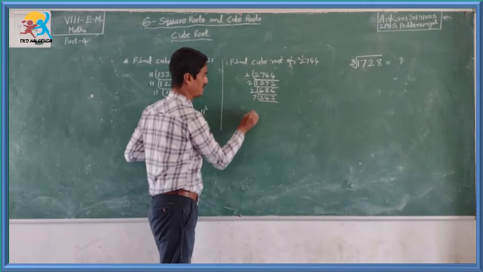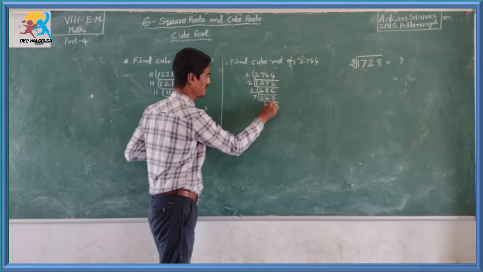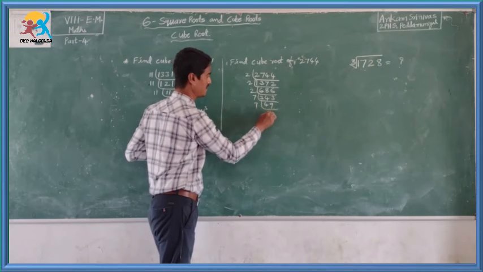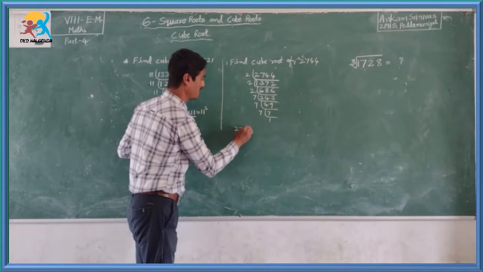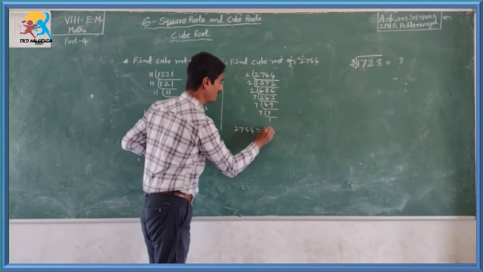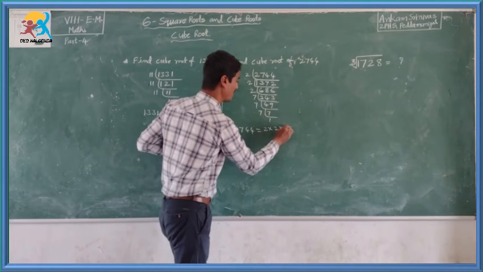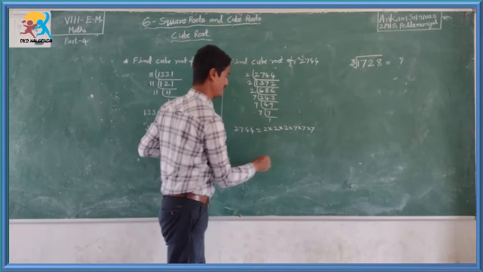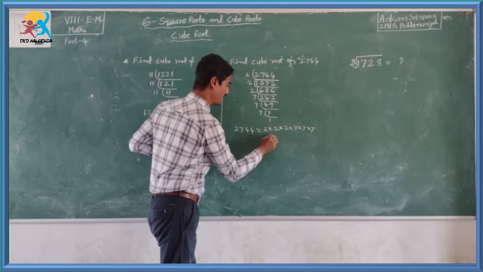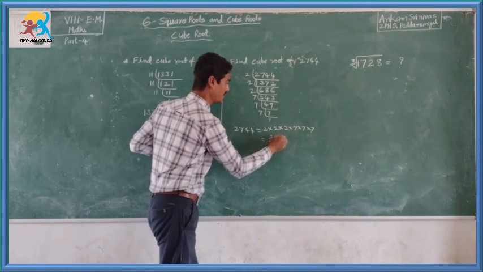So divide by 7, 7 table, 7 sevens are 49. So 2744 equals 2 into 2 into 2 into 7 into 7 into 7. So 2 power 3 into 7 power 3.